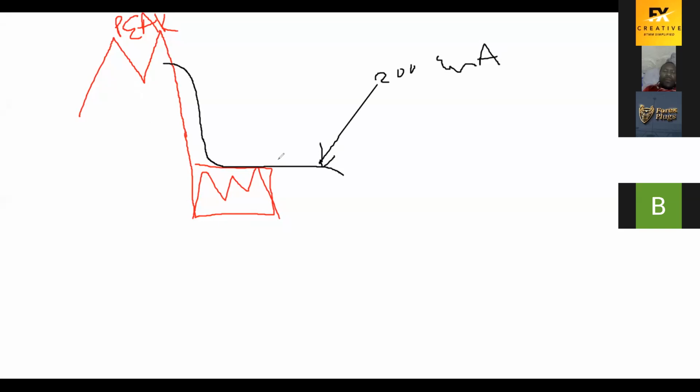So coming out of the Asian box, when the 200 EMA is there, we know that price is just going to go close to the 200 EMA and goes down. That's for type 2.